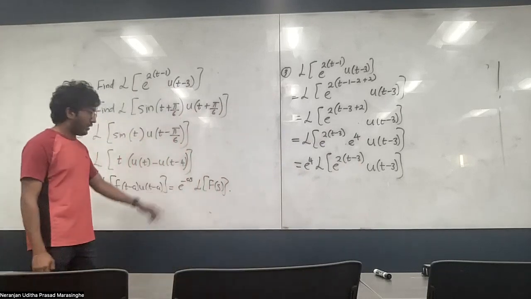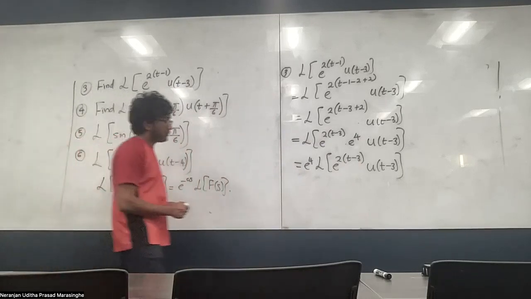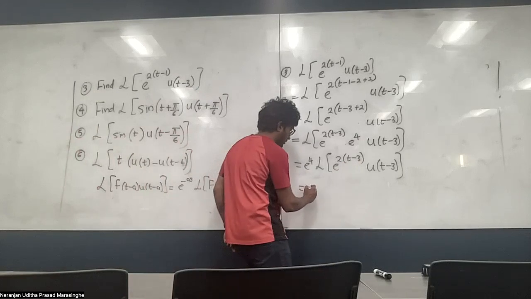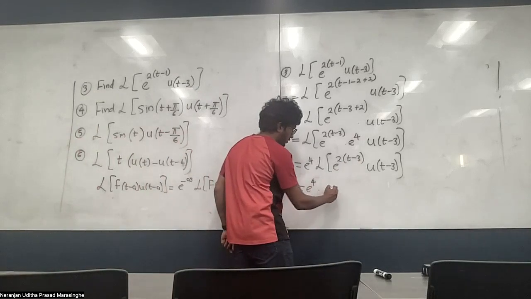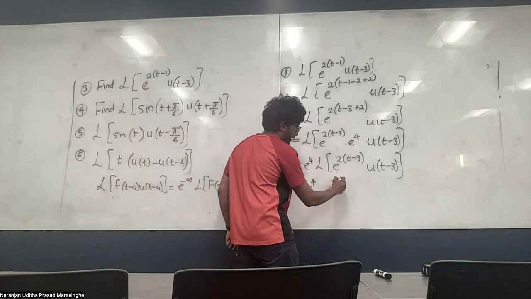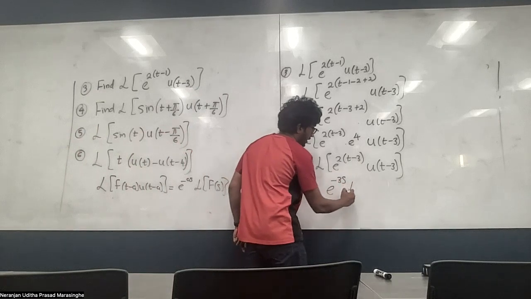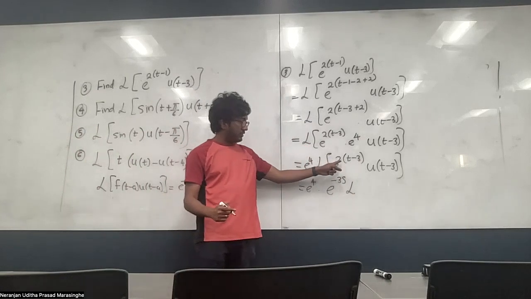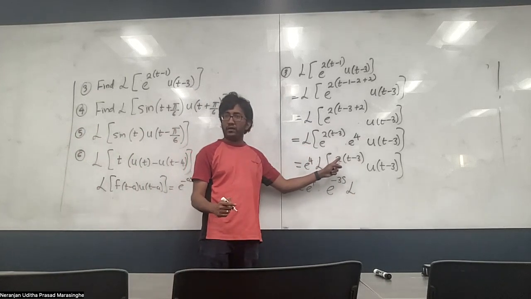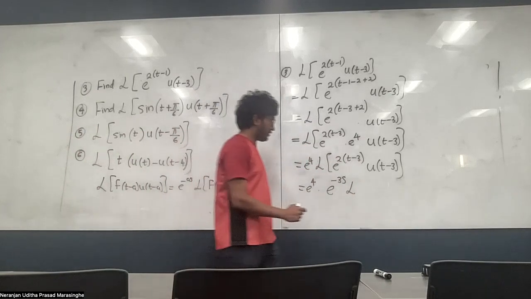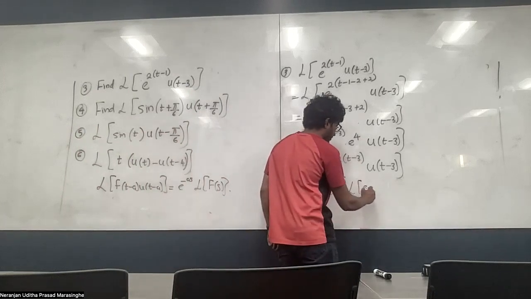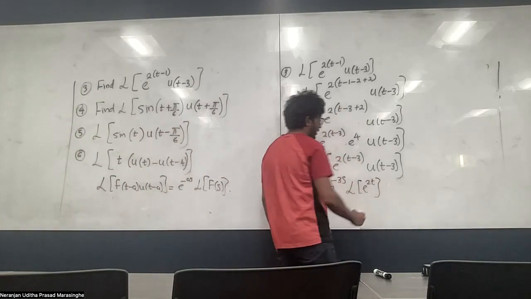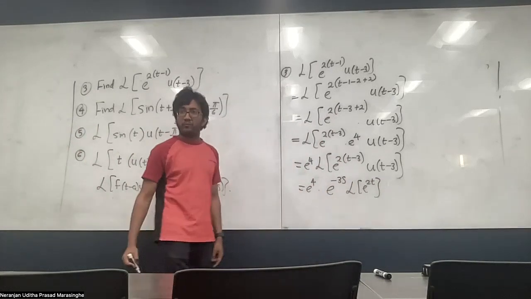So what would be my Laplace transform? I get e to the power 4 times e to the minus 3s times Laplace of my original function. What is my function? e to the 2t, right? That's my original function. Now what is the Laplace of e to the 2t?